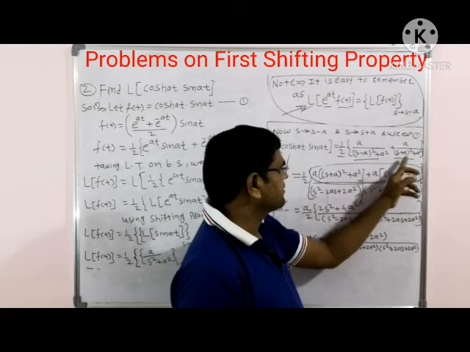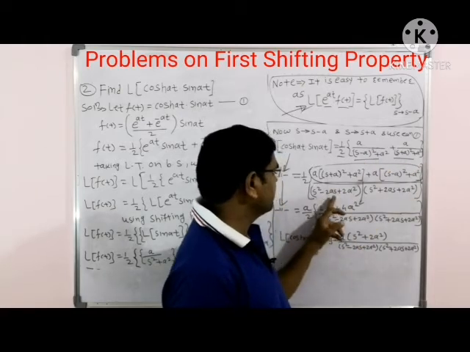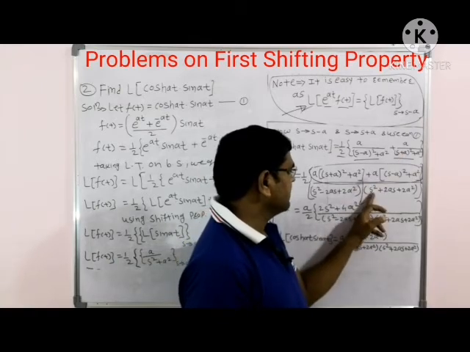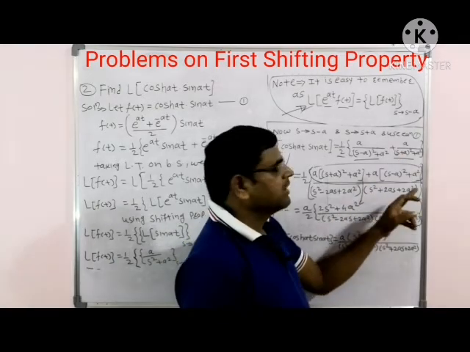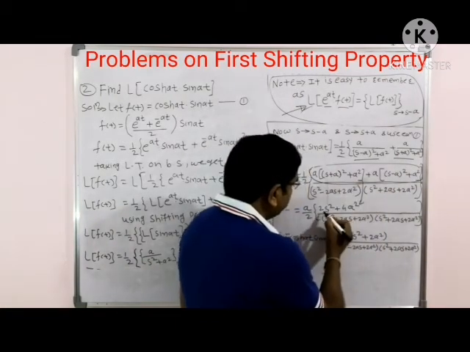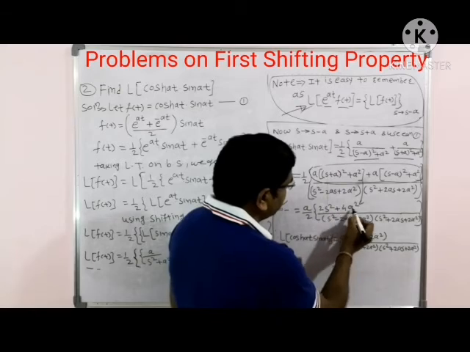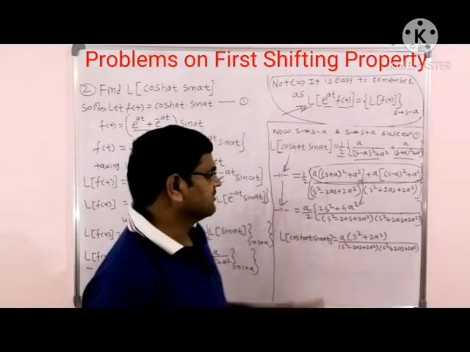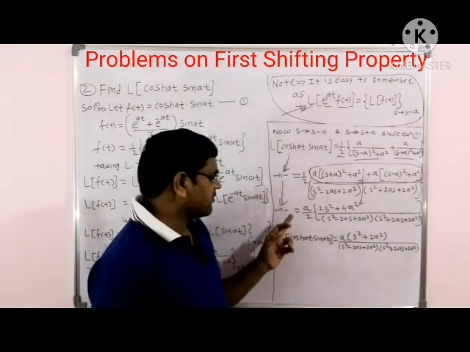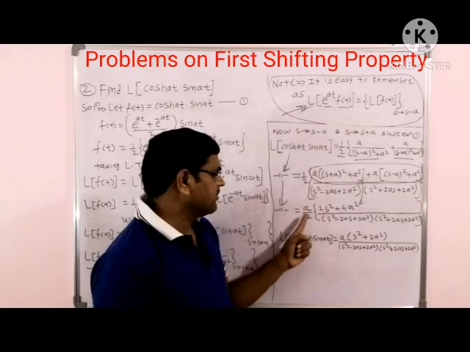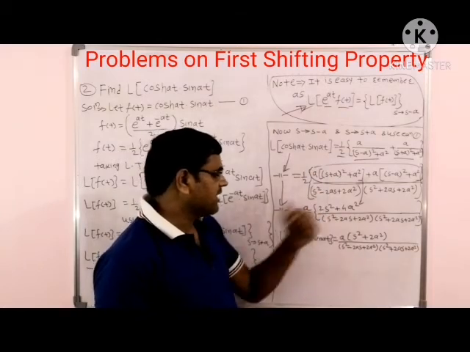The simplification of the first term is s square minus 2as plus 2a square, and the second term is s square plus 2as plus 2a square. If you solve this, we get 2s square plus 4a square in the numerator, and the denominator is as it is. So what is the next step? By taking a common, we get a by 2, and this term is as it is.